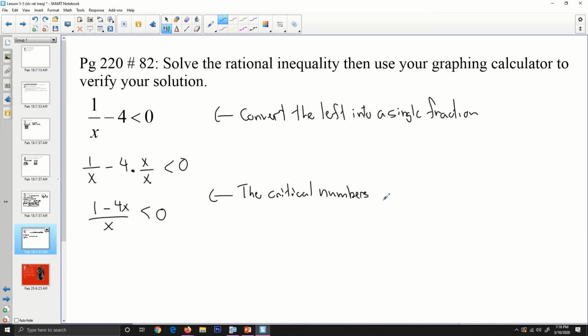So the critical numbers for a rational function are where the function is 0 or undefined. Well, it's 0 when the numerator is equal to 0.